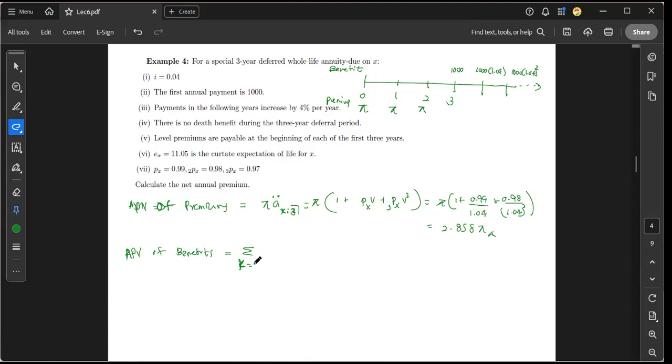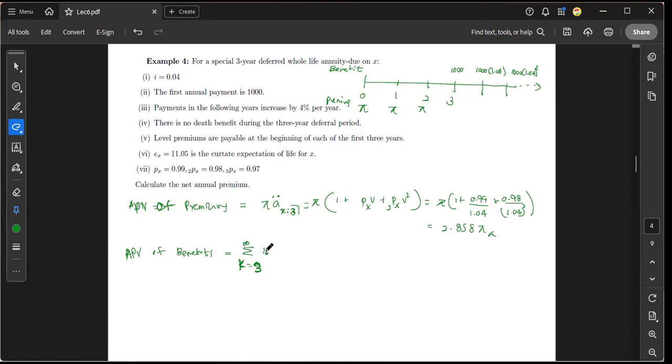Unlike in the previous insurance, where one benefit is being paid, here we have one payment at the beginning of each year. So that's why we need an annuity here. So this is a deferred whole life annuity, and it continues to infinity.